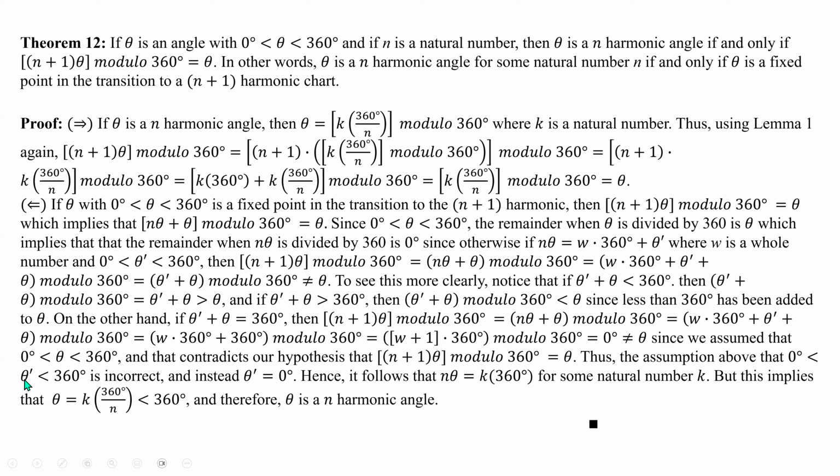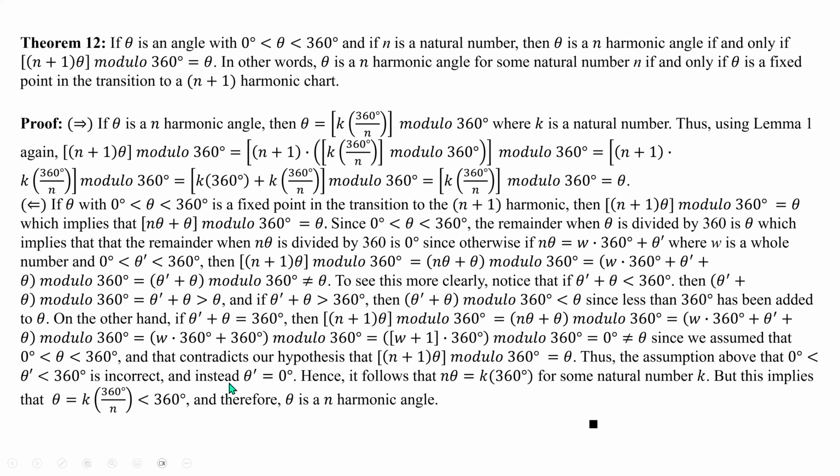Now, whatever remainder we get, it has to be less than 360 degrees because we were dividing by 360 degrees. We divided that into n theta to get this expression up here. So the part which is causing the problem is this assumption that theta prime is greater than 0 degrees.